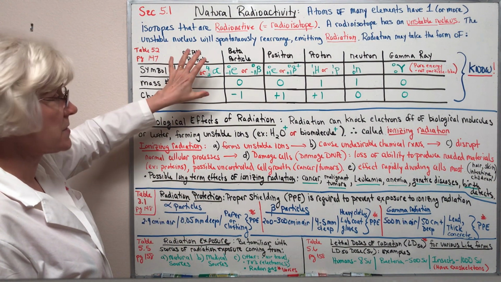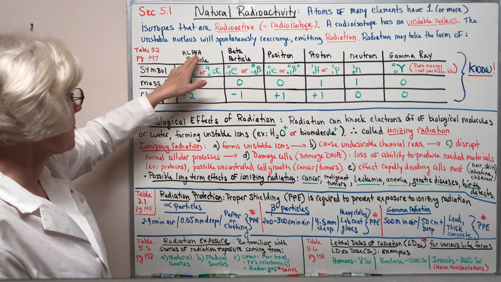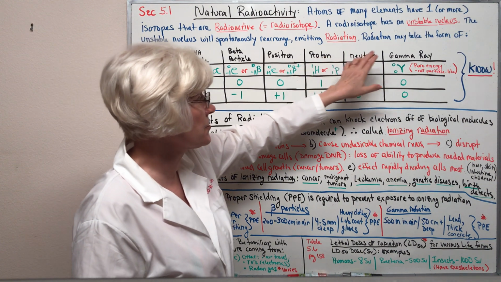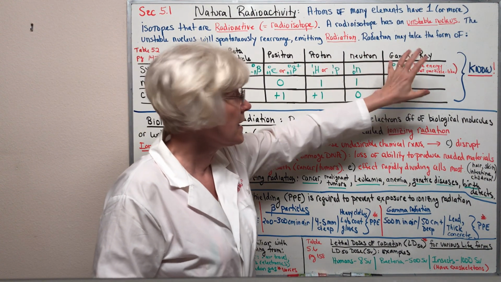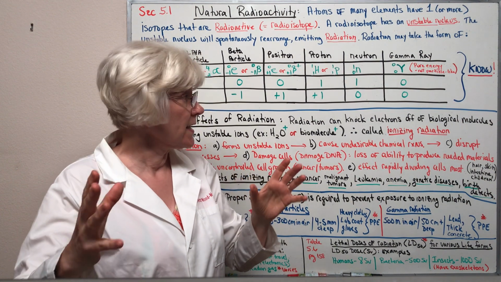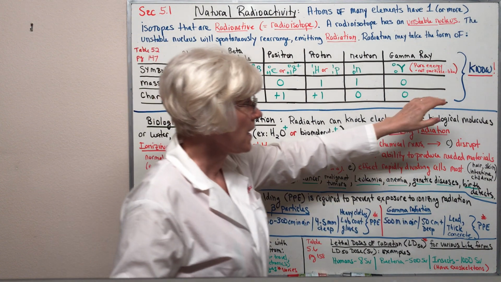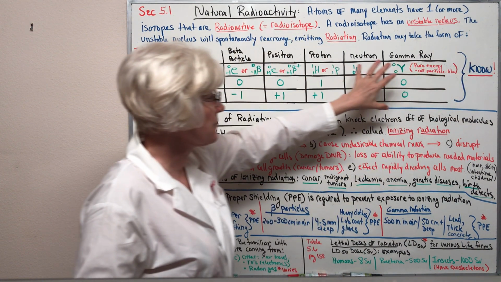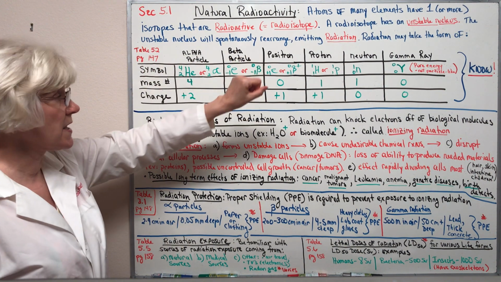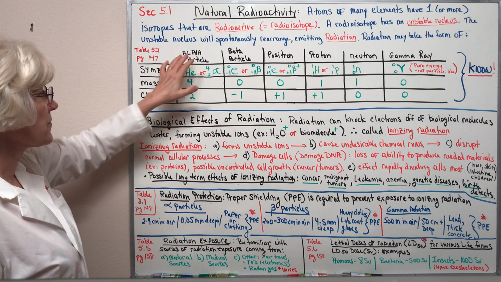Notice those types of radiation take the form of either small particles, alpha particles, beta particles, positron, proton, neutron, or it may be gamma rays, the high end of the electromagnetic radiation spectrum, pure energy. In other words, you're responsible for knowing these types of radiation that can be emitted and the symbols that are used to describe them. So let's just briefly go through them.